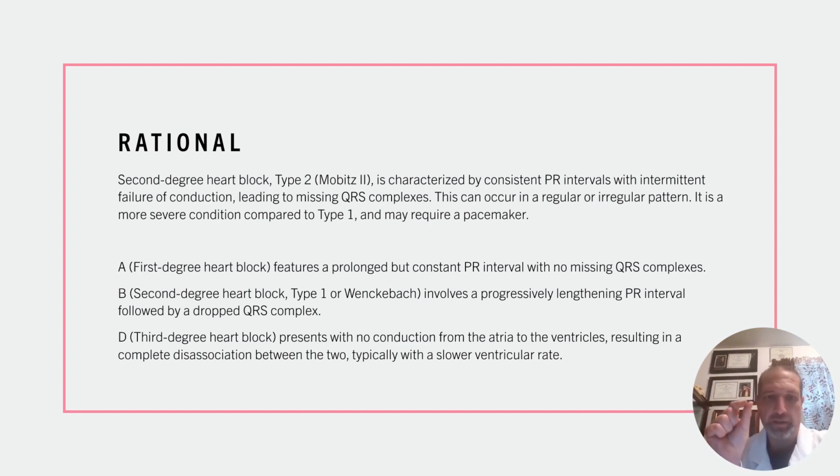Second degree heart block type 1 means longer, longer, drop, then you have a Wenckebach. Second degree type 2, Mobitz 2: if some P's don't get through, then you have a Mobitz 2. If you're not very familiar with your heart rhythms, or you need to brush up on things with that, please stay tuned.